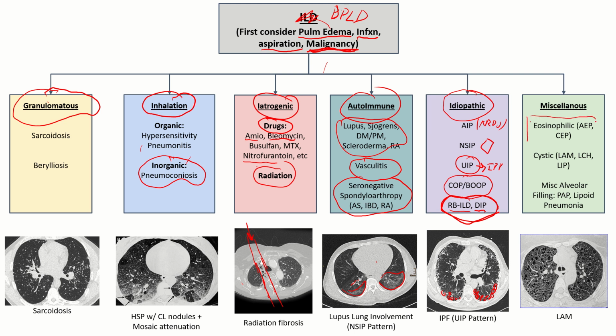And lastly, your miscellaneous causes. If you get eosinophils on your BAL, think about eosinophilic causes. The ones that are diffuse parenchymal lung diseases would be acute eosinophilic pneumonia and chronic eosinophilic pneumonia. If you see cysts in a young woman, think about LAM.